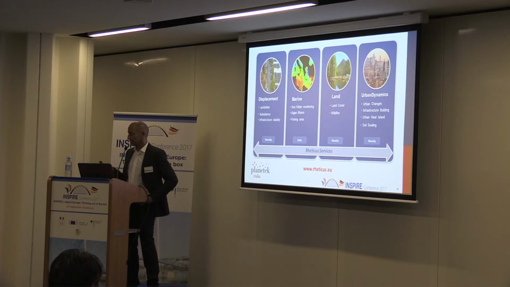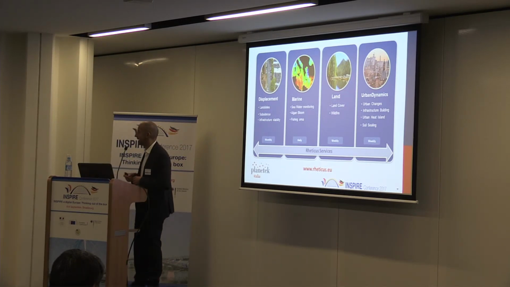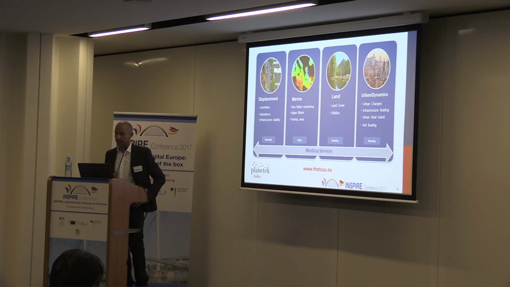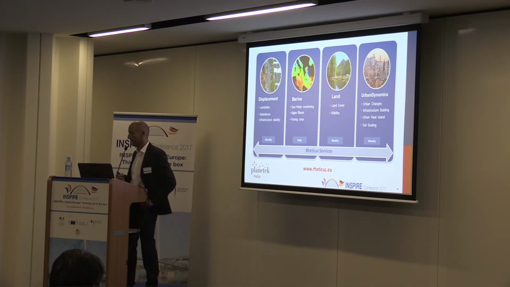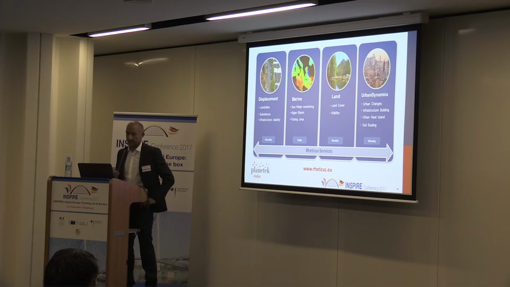Marine is a service to monitor the quality of seawater, algae blooms and fishing areas. Land provides a service to monitor burned areas or land cover, so how fire affects the area, changes of use, and also urban dynamics, the change of the urban area.